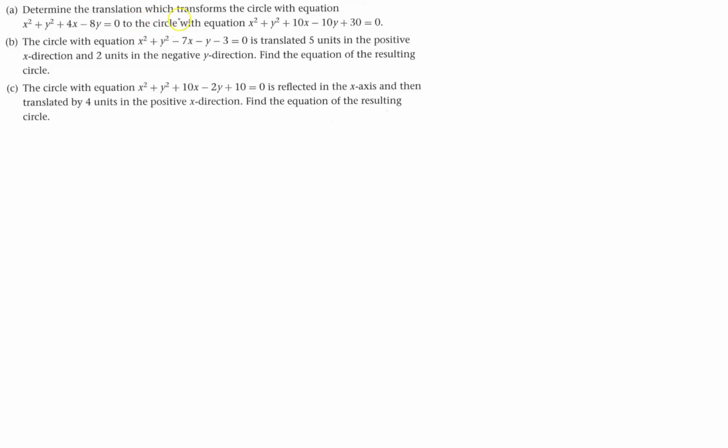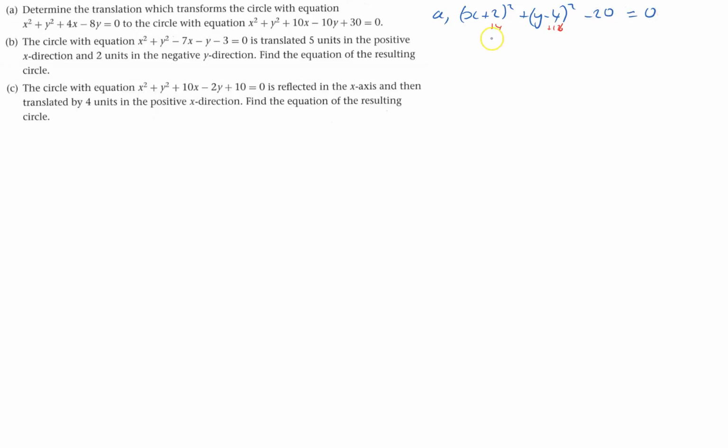Okay, so first I'm going to turn translation, which goes this circle to this circle. I want to know what the centre is then, so I'm going to do it up here. I'm going to have to complete the square on this one, the first one, so I'm going to get x plus 2 squared, and that'll be plus y minus 4 squared, and that gives me plus 4, I'm doing red, that gives me plus 4, and that gives me plus 16, so I need to have plus 20, so I need to take away 20 equals 0.